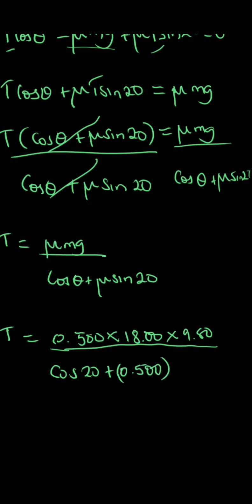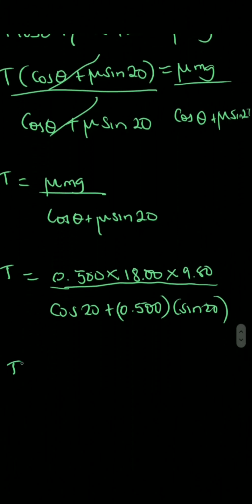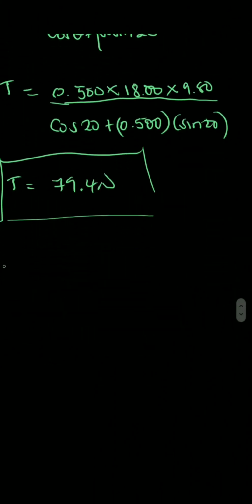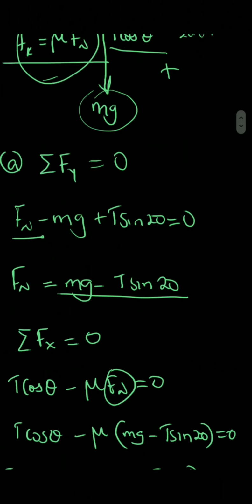Then we add with mu, which is 0.500, to multiply with sine 20. When we do our calculations, we get our tension to be equal to 79.4 newtons as the tension force. So this is the answer to part A.